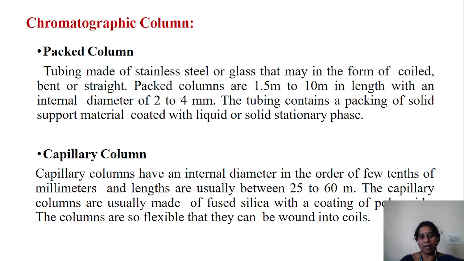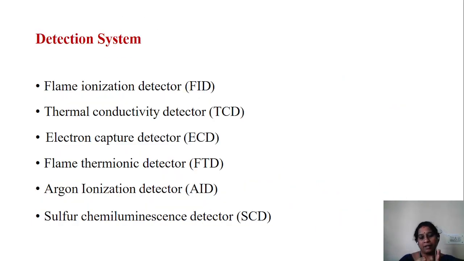So, the mobile phase carries the sample towards the column, and based on the retention level, the different components will elute at different times, and the elution of these components will be detected by the detection system.